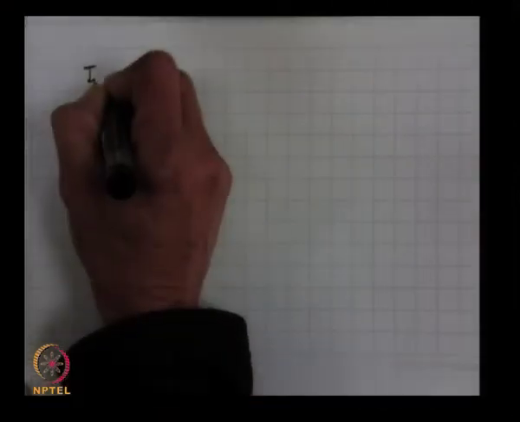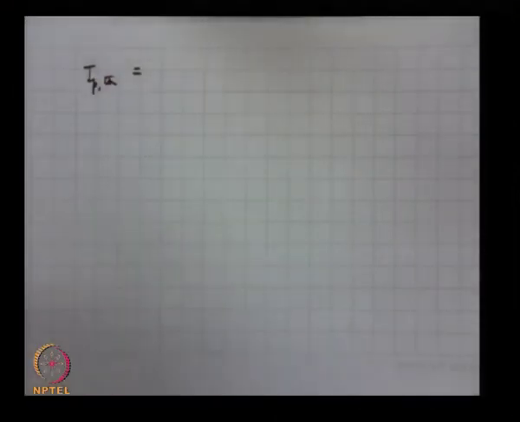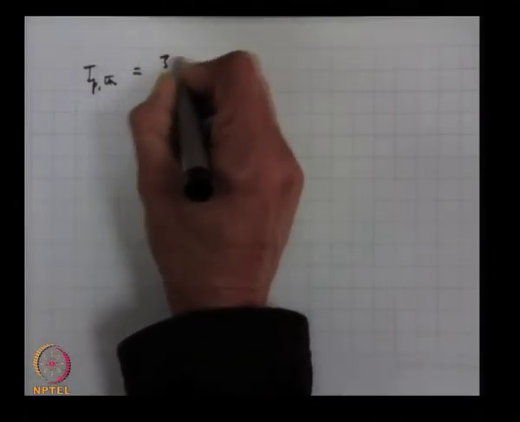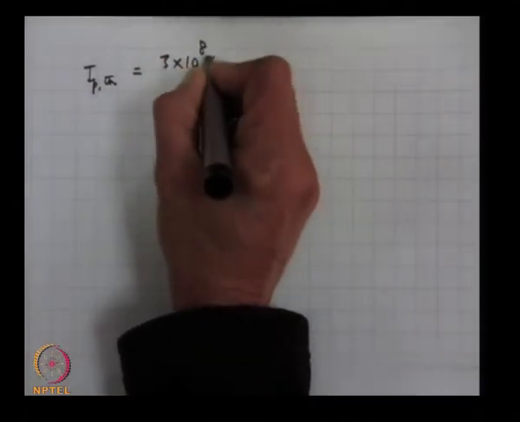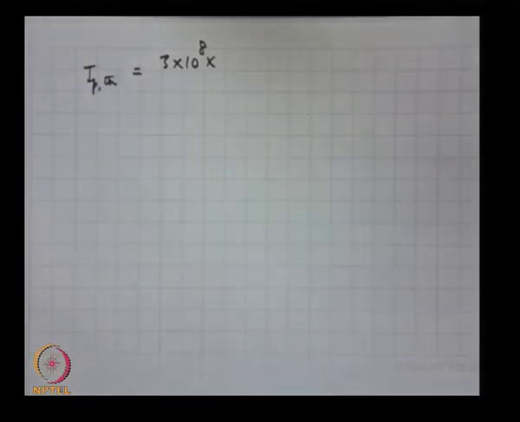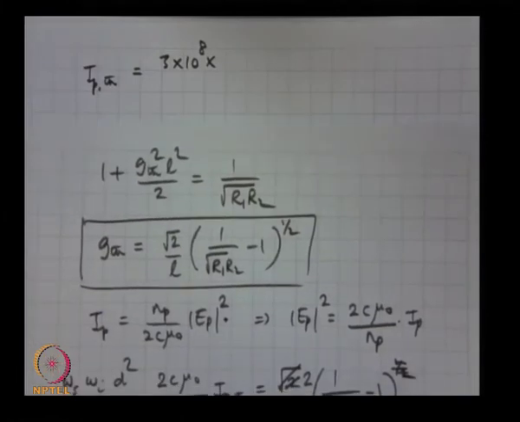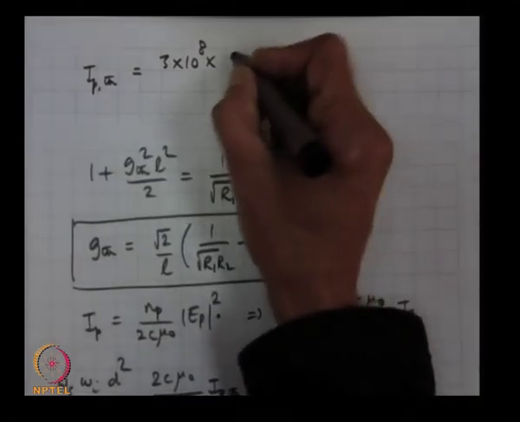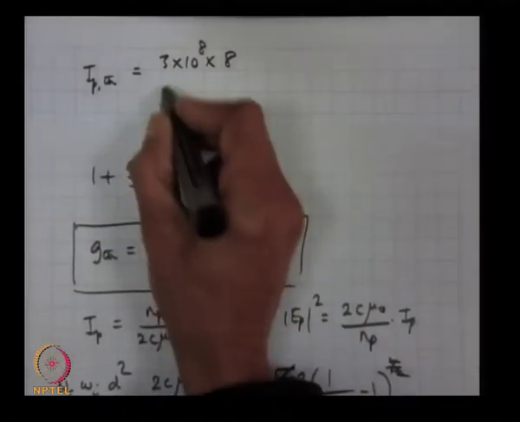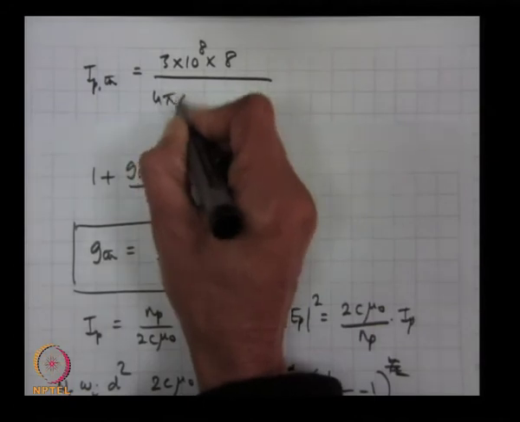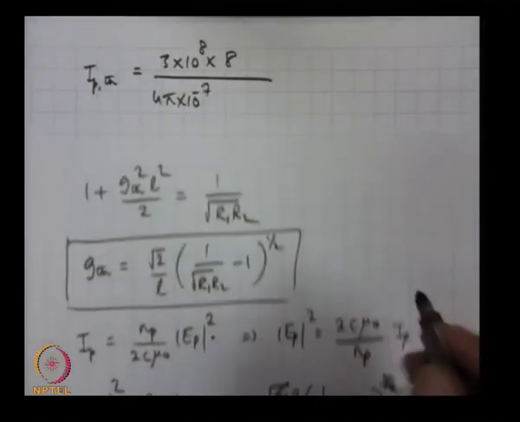Now, IP threshold, so this is C, which is 3 into 10 to the power 8 meters per second. What do I substitute approximately for NP, NS, NI? Approximately 2 into 2 into 2, so that's 8, divided by 4 pi into 10 to the minus 7, which is mu 0.